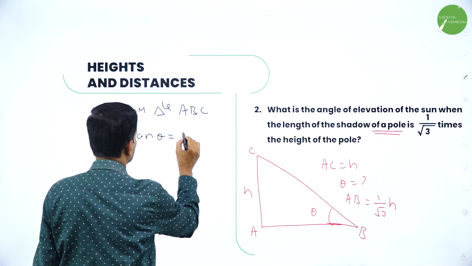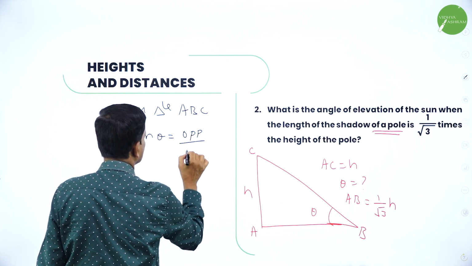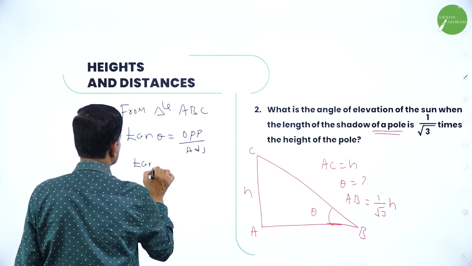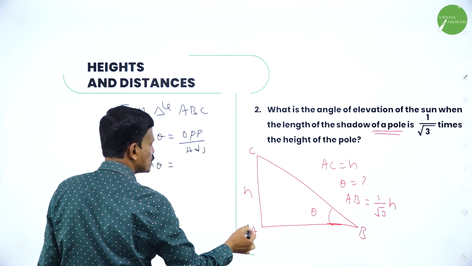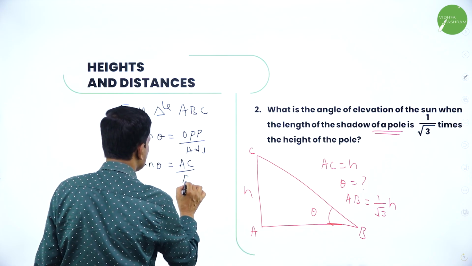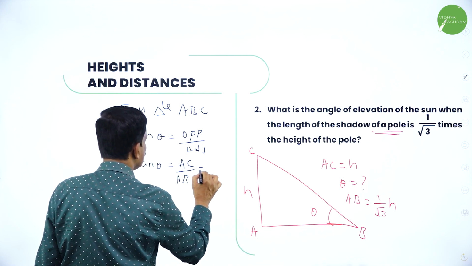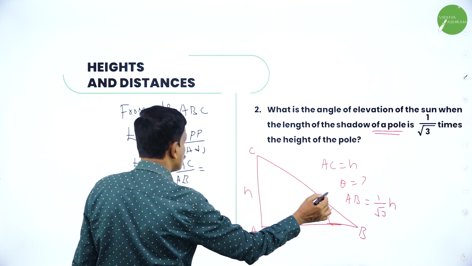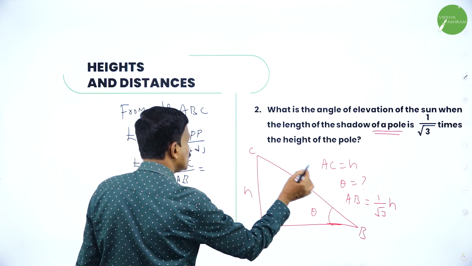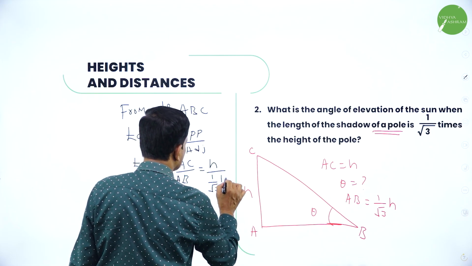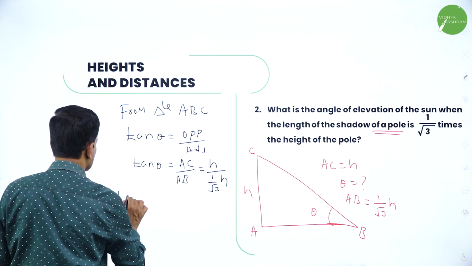What is tan theta? Tan theta is opposite divided by adjacent side. What is opposite here? Opposite is AC, adjacent is AB, right? Now you know the value of AB: AB is equal to 1 by root 3 H and AC is equal to H. This is H divided by 1 by root 3 times H. H and H get cancelled.